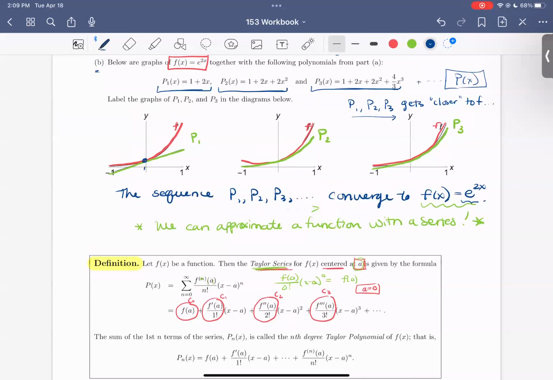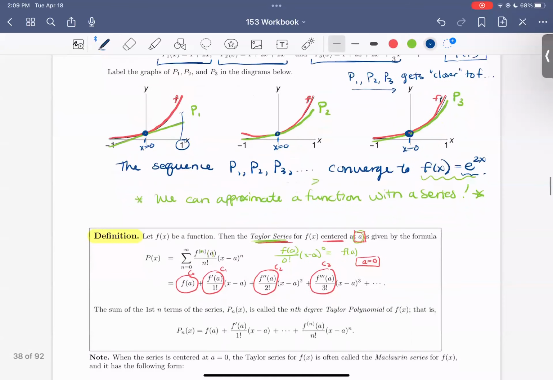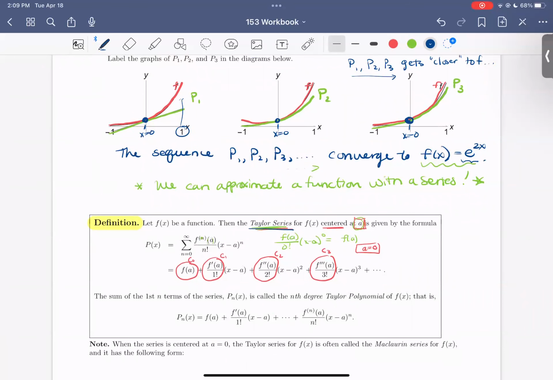They match exactly when x equals 0. So our series is centered at 0, which means that our function and our finite polynomials match up exactly at x equals 0. But if I wanted them to match at, say, 1, then I would have computed that Taylor series for f of x centered at 1. And we're going to see some examples to make that a little bit more concrete.